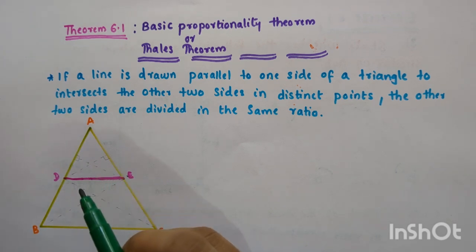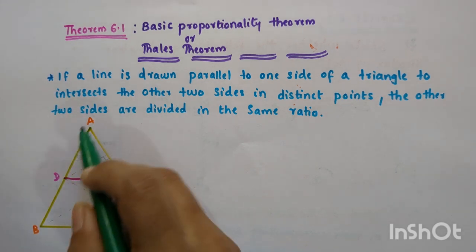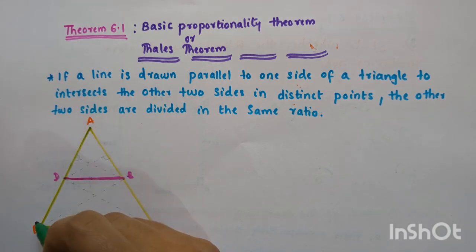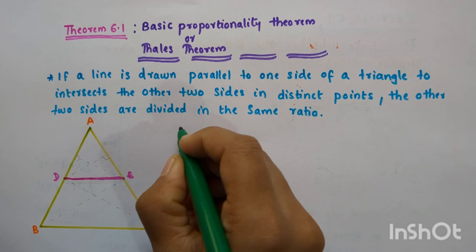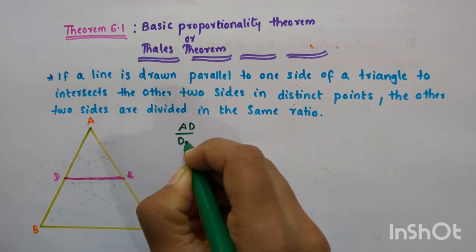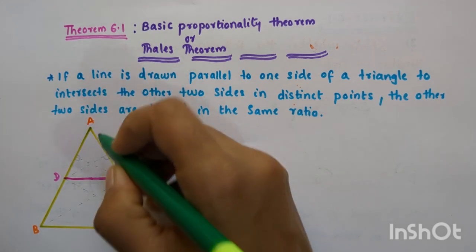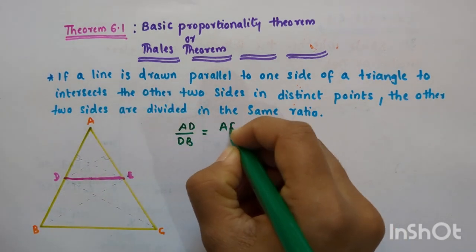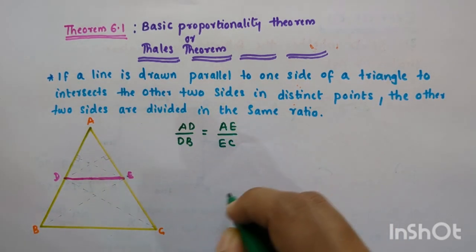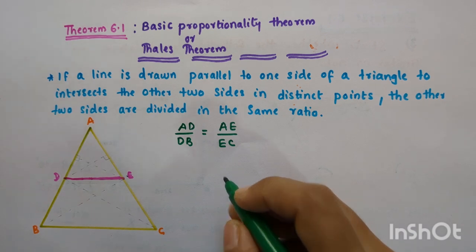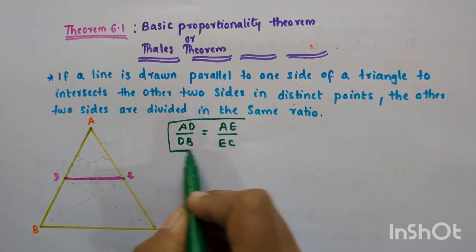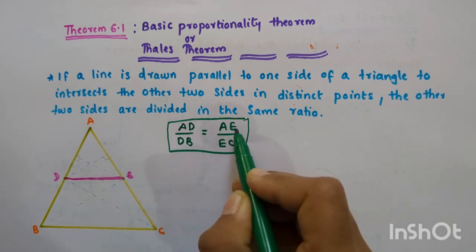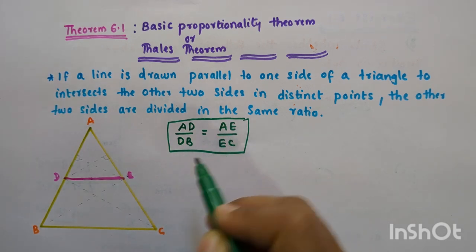That is, AD divided by DB is equal to AE divided by EC. We want to prove this.